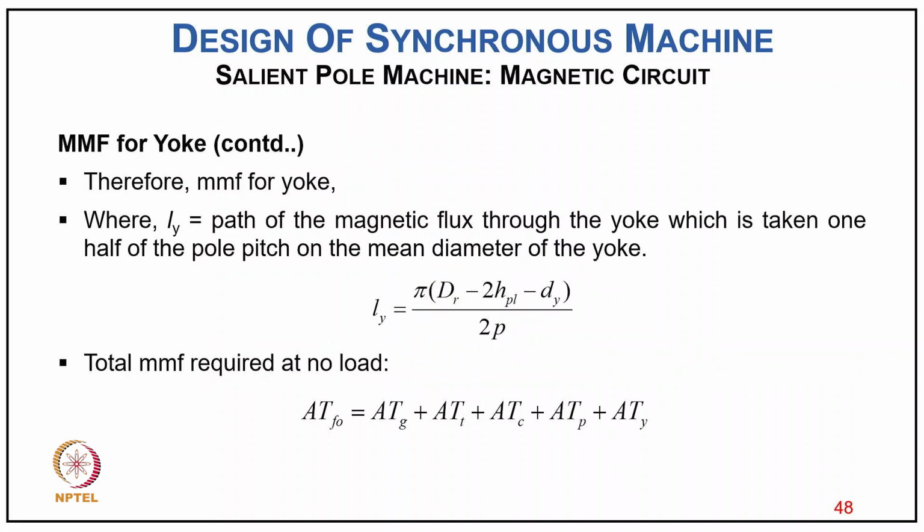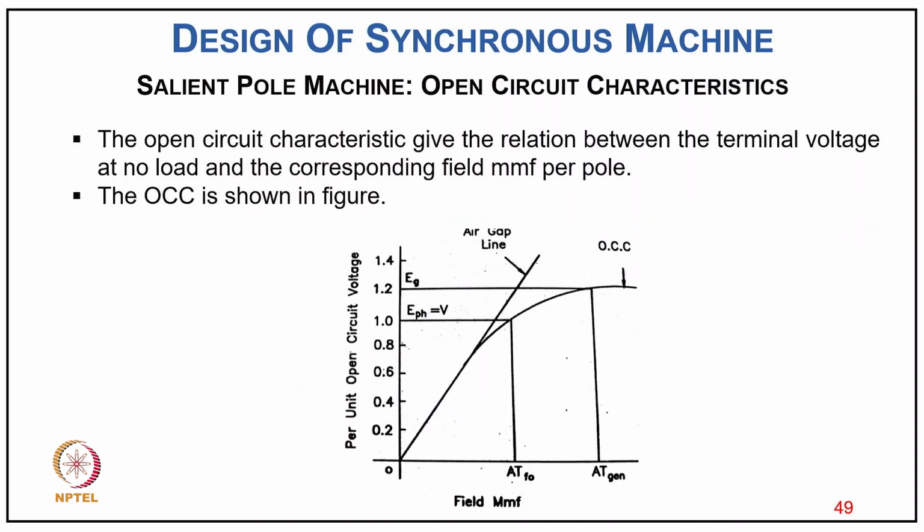Ly is the path for the magnetic flux through the yoke, which is taken as 1/2 of the pole width on the mean diameter of the yoke, that is Ly equal to in bracket pi Dr minus 2 hpl minus dy divided by 2p, and the total MMF required at no load is F0 equal to ATg plus ATt plus ATc plus ATp plus ATy. That gives the 5 parts of the magnetic circuit to get the total MMF required at no load.